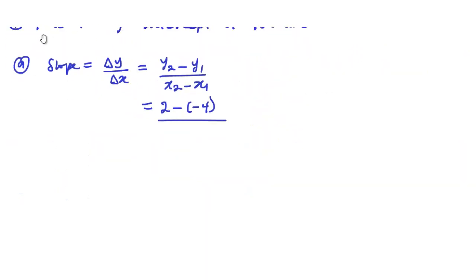So 5 minus minus 4. Now if we determine the slope, minus times minus is plus, right? That will give us 2 plus 4, divided by 5 plus 4. So this will return 2 plus 4, that is 6, over 5 plus 4, that is 9.